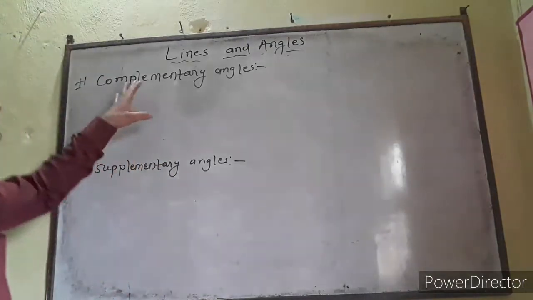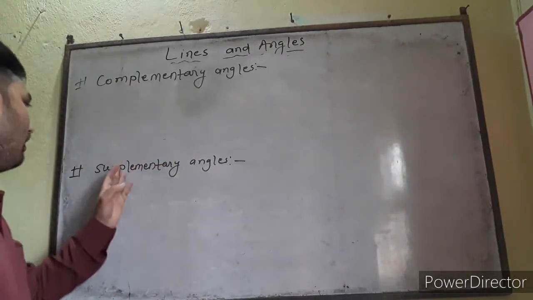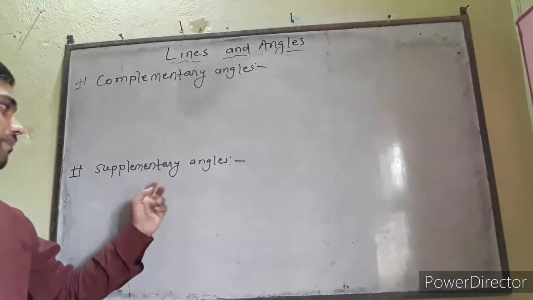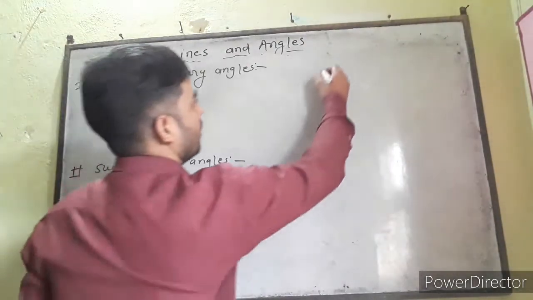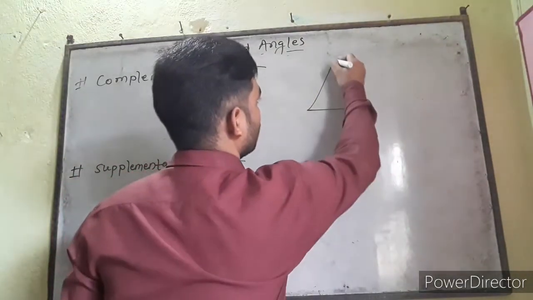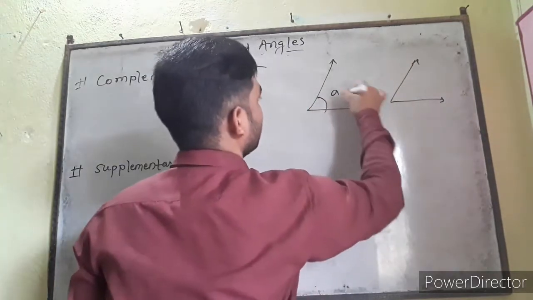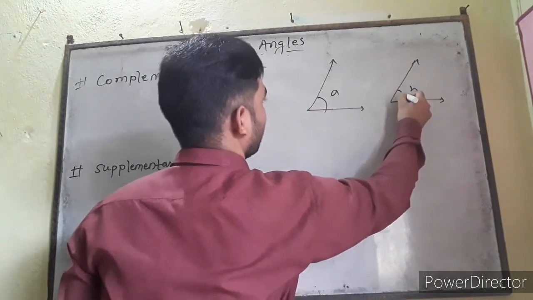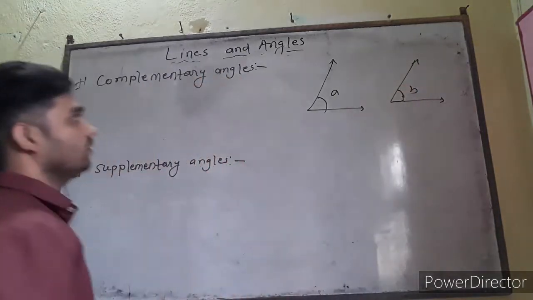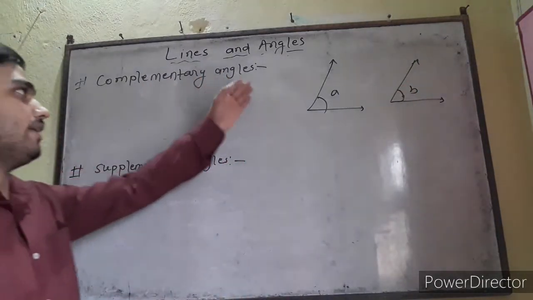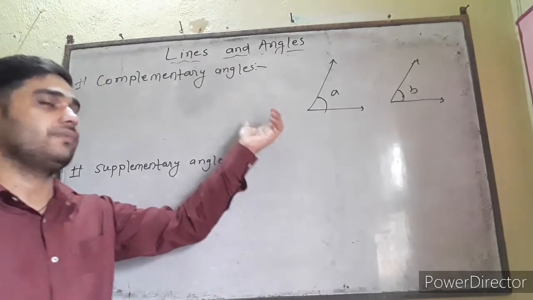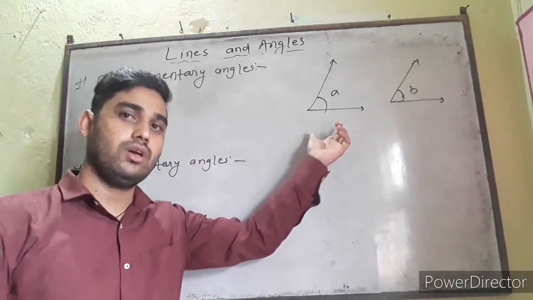Next, what is a complementary angle and a supplementary angle? Suppose two angles are here. This one is A, this one is B. Angle A, angle B. Two angles are said to be complementary if the sum of the two angles is equal to 90 degrees.